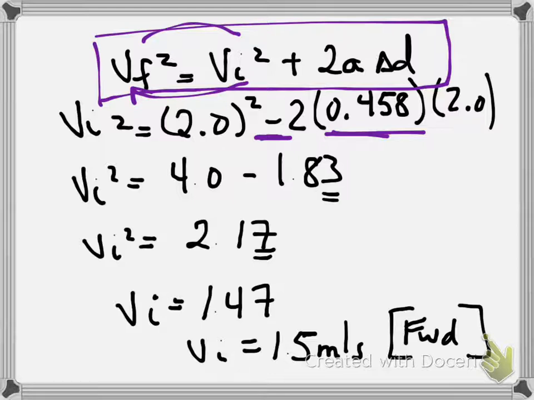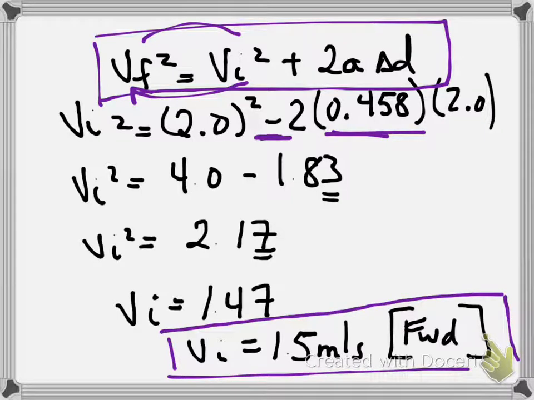That's our final velocity, 2 meters per second. And then we are going to subtract that from our acceleration times our displacement. And so we're going to end up getting our initial velocity of 1.5 meters per second.